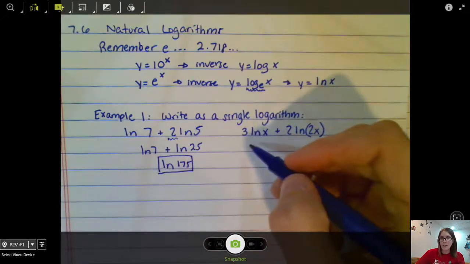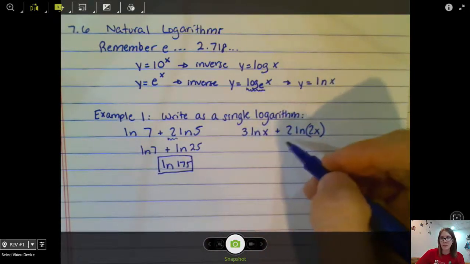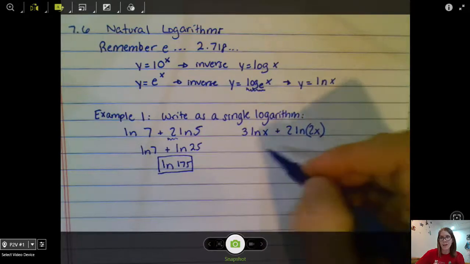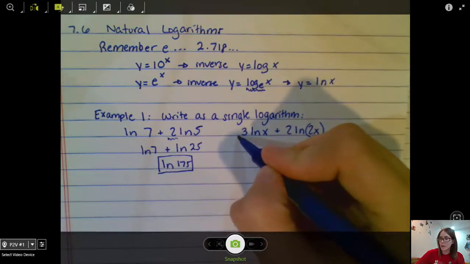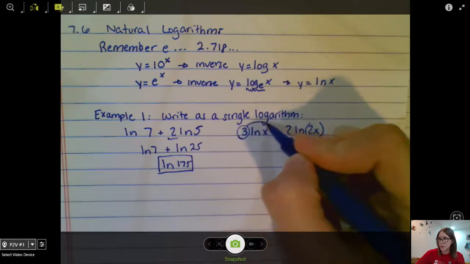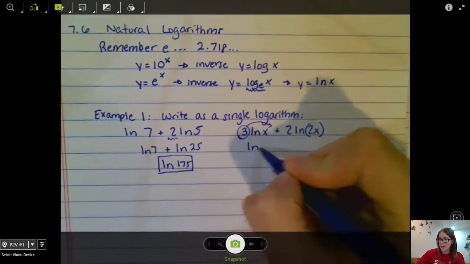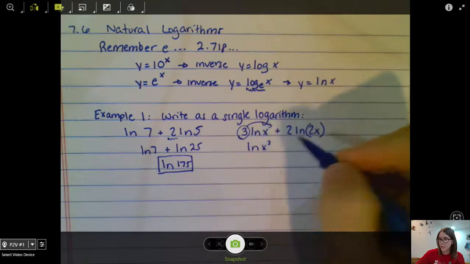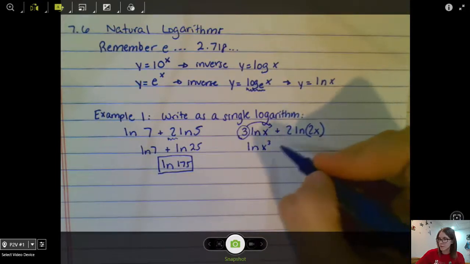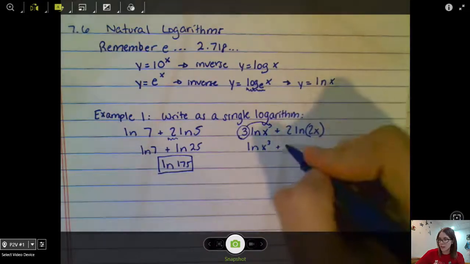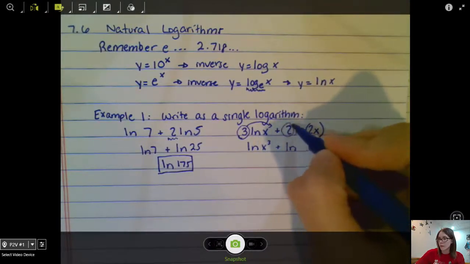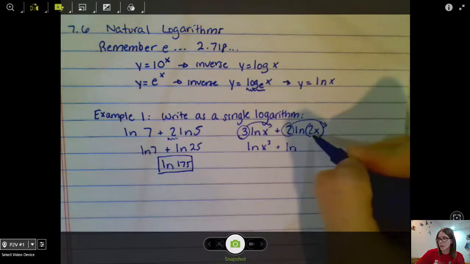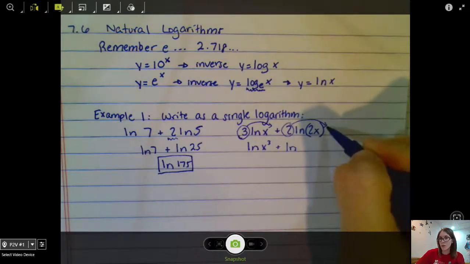Now over here are 3 times the natural log of x plus 2 times the natural log of 2x. Same idea. In order to do anything, I need to get rid of my coefficients. So this 3 can move to a power. It's the natural log of x cubed. Really, this part's the trickiest. I have the natural log of 2x. This 2 becomes an exponent. 2x, quantity all squared.